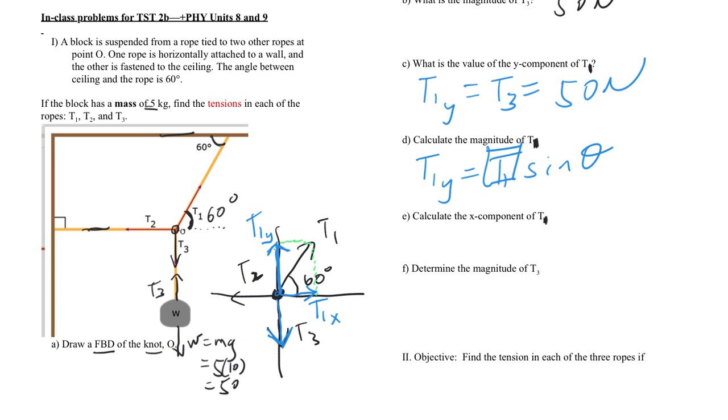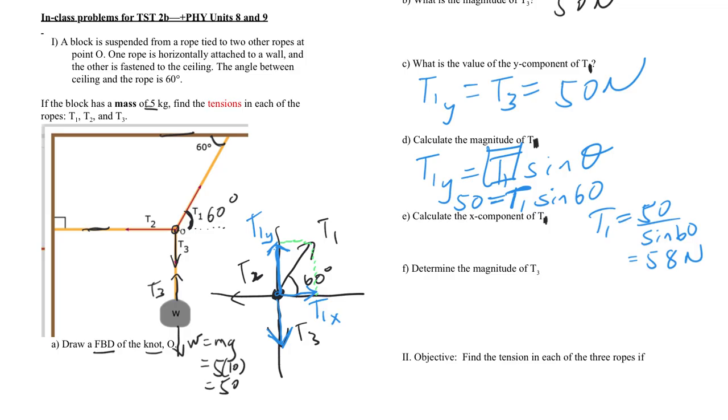T1y I just found it. So 50 equals T1 times sine of 60. So T1 is equal to 50 divided by sine of 60, which equals 57.7. I'll just say 58 newtons.